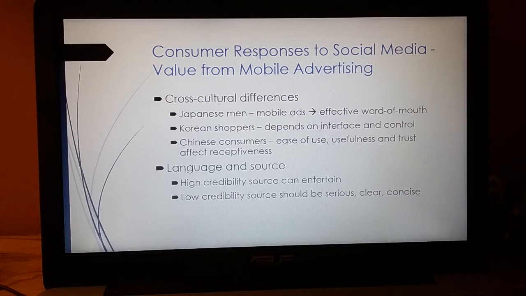Mostly we focus in this class on the U.S. market, but it's important to understand that we live in a global society, and we certainly live in a global marketplace, and it's important to understand how changes in culture might impact people's responsiveness to it. And again, the language and the source make a big difference and add to the credibility.